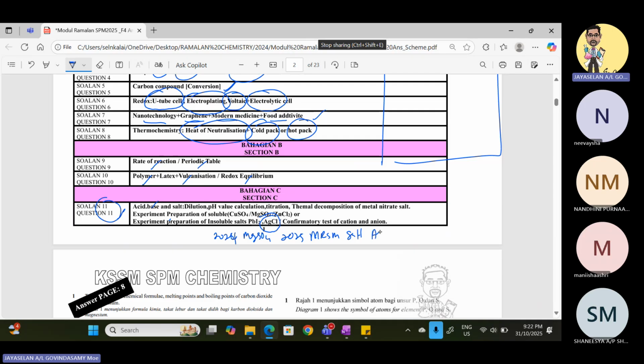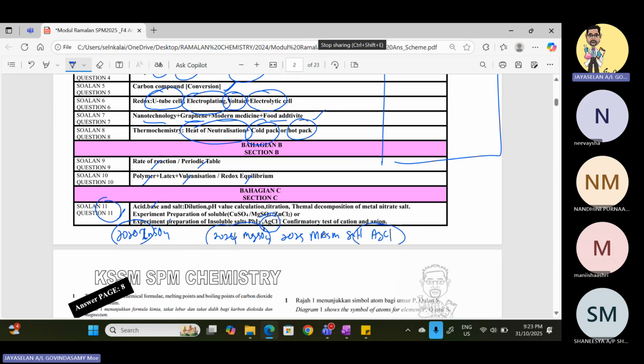This year they asked you to prepare silver chloride. The 2020 MRSM paper, they ask you to prepare zinc sulfate salt. 2024, last year also, they ask you to prepare salt.